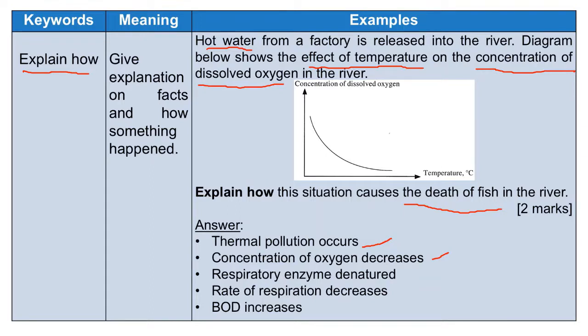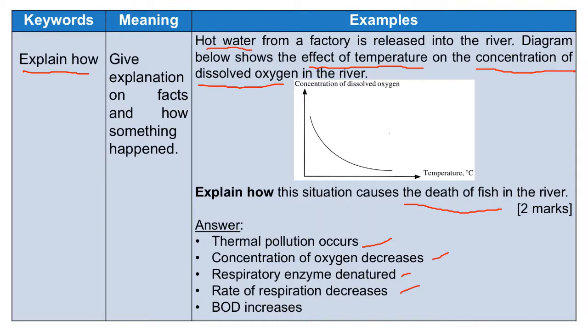At the same time, the river water with high temperature denatures the respiratory enzyme of the fish. The amount of oxygen in the river water getting less reduces the rate of respiration.